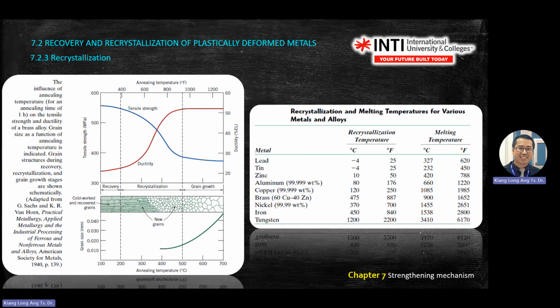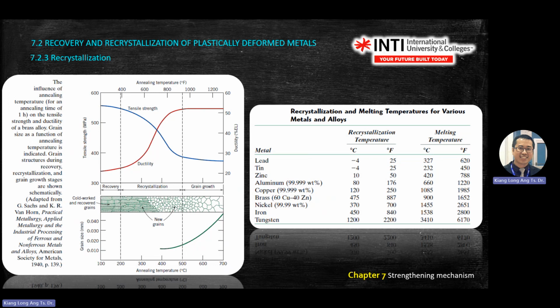So I want to highlight the bottom, this one, the grain size here. Grain size only appeared on the graph during the recrystallization stage. So here, you start to see the grain size increase during the grain growth or in the recrystallization phase.